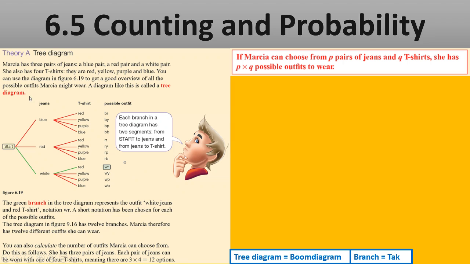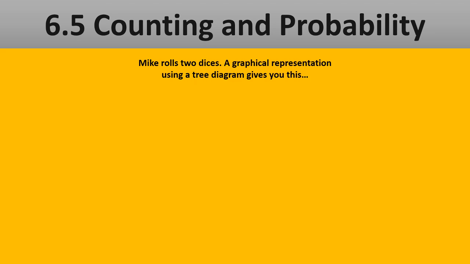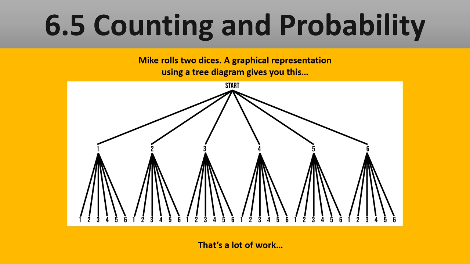And if you want to, you can also draw this tree diagram all the way, but I'm personally not a big fan of tree diagrams. Why not? Well, let's show you the next question. Mike rolls 2 dice. If you now want to give a graphical representation of this using a tree diagram, well, you have to draw something like this, right?